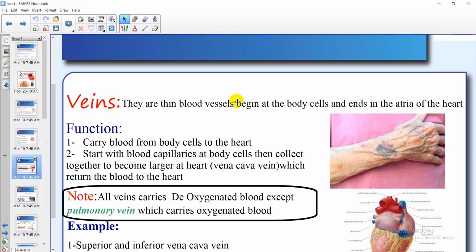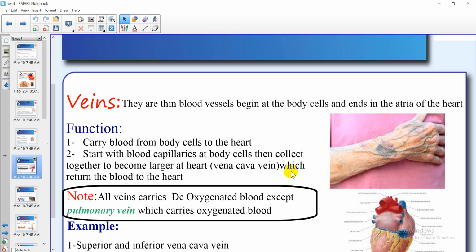The function of the veins is to carry the blood from the cells to the heart. They start with the blood capillaries, which are small blood vessels, and then go to our heart and become large, forming the superior and inferior vena cava.